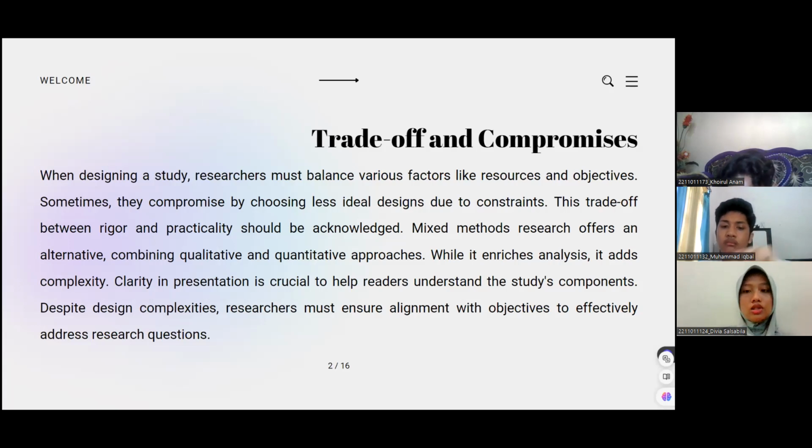Mixed method research offers an alternative, combining qualitative and quantitative approaches. While it enriches analysis, it adds complexity. Clarity in presentation is crucial to help readers understand the study components. Despite design complexities, researchers must ensure alignment with objectives to effectively address research questions.